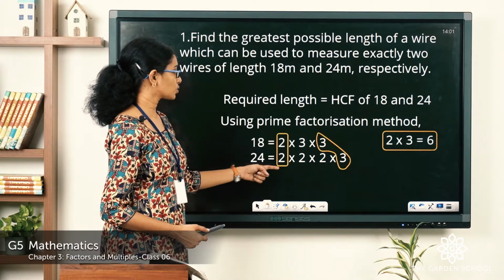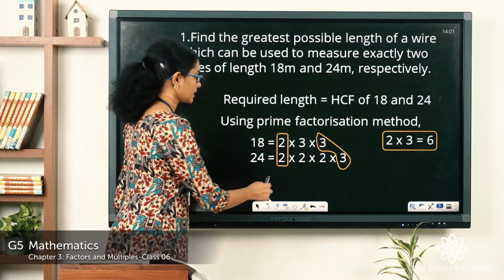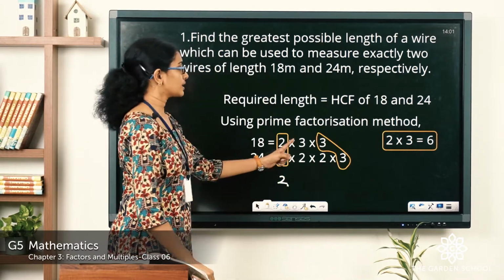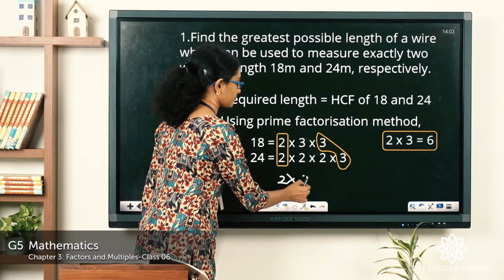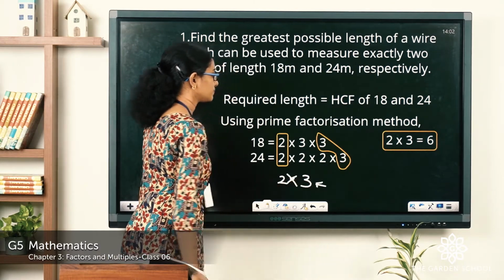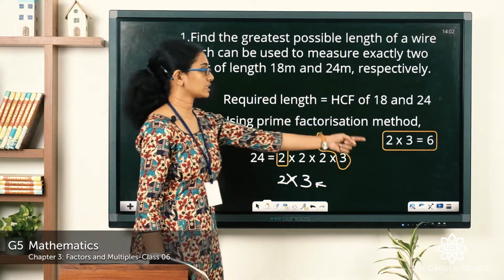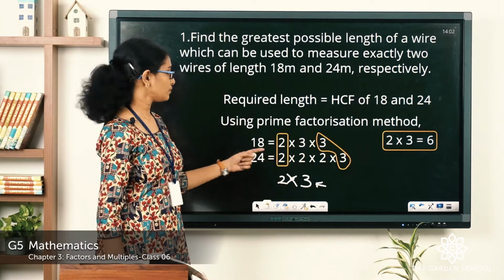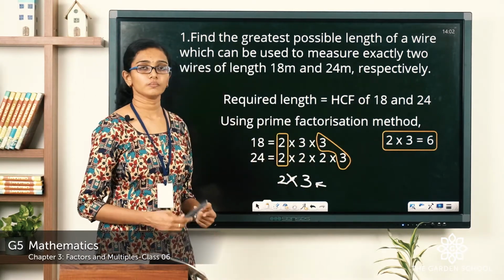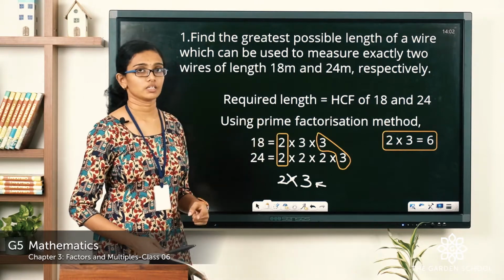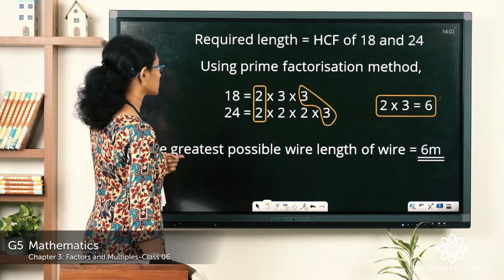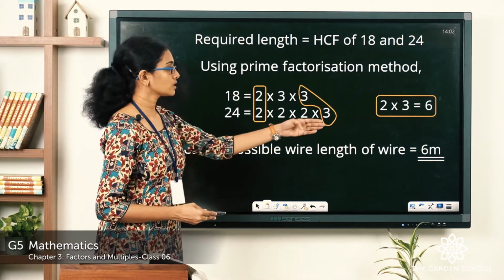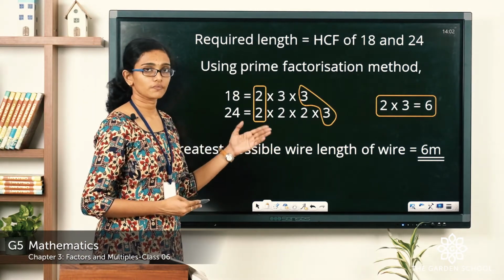So from this group of 2 you are taking one 2 and from this common group of 3 you are taking one 3. So what is 2 into 3? 2 into 3 is 6. So that is the HCF of 18 and 24 by using prime factorization method. That gives you the greatest possible wire length of 6 meter, which is the HCF of these two numbers.